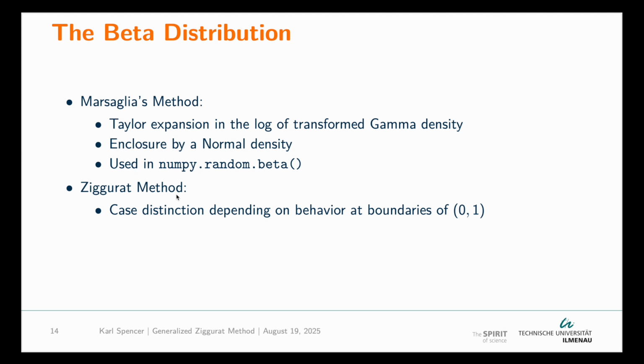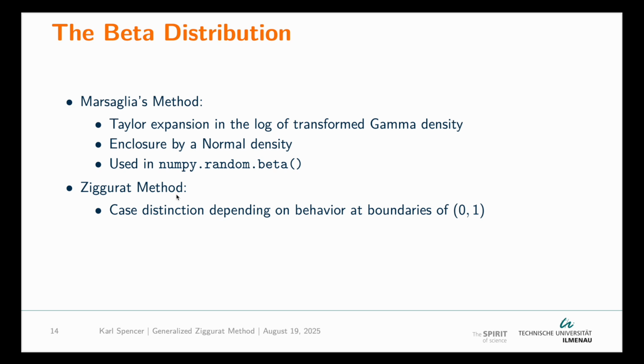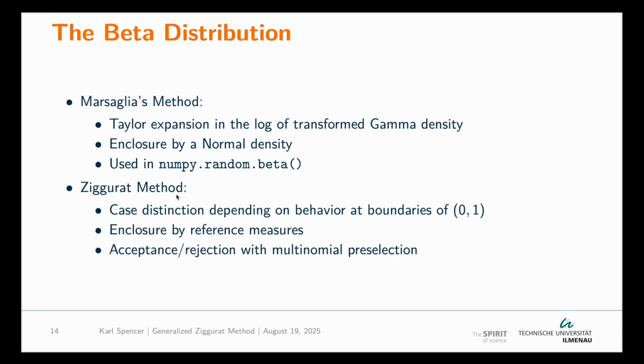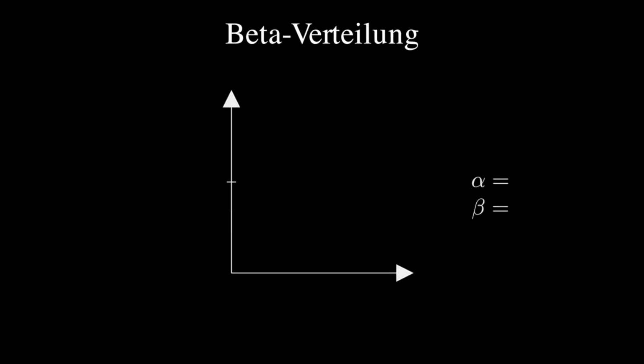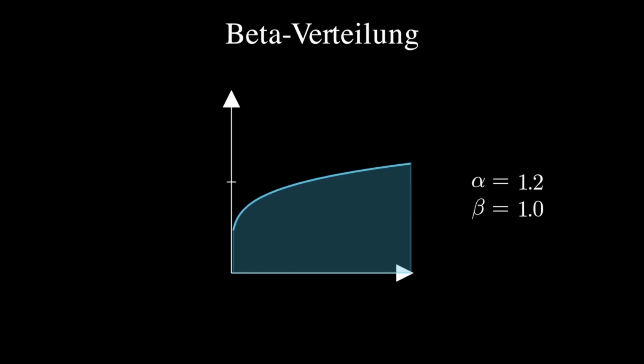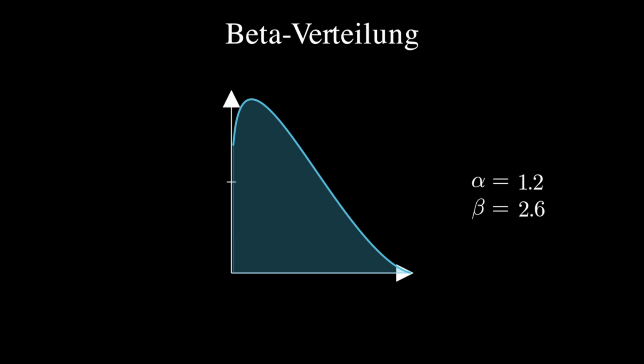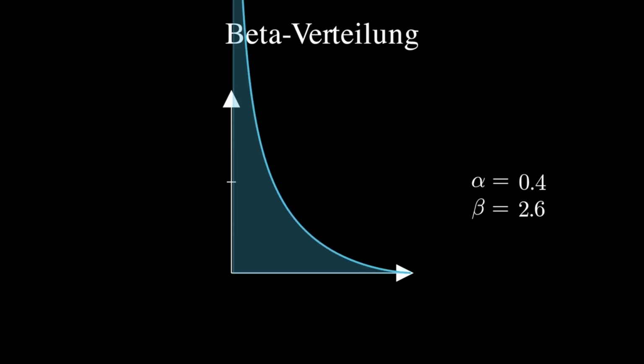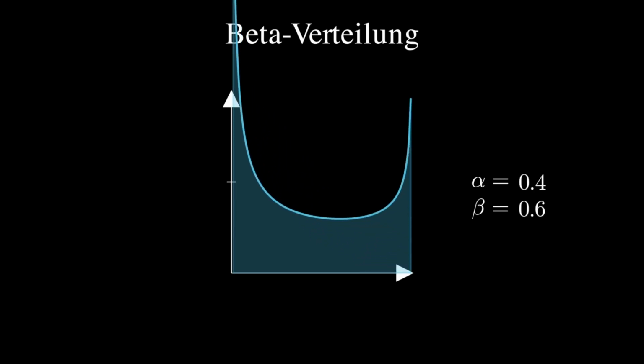Now we can propose a Ziggurat method for this, using a case distinction depending on the behavior at the boundaries 0 and 1. For this we look at the character of the beta distribution, which for parameters smaller than 1 gets a pole at the respective boundary.